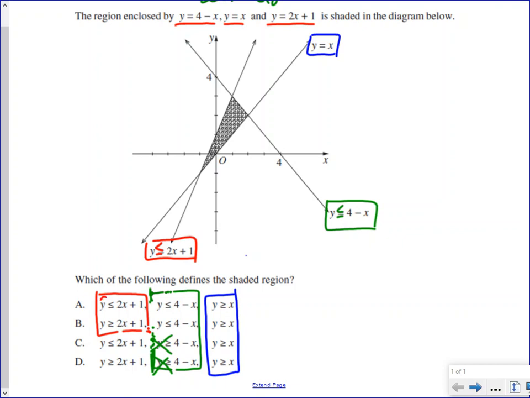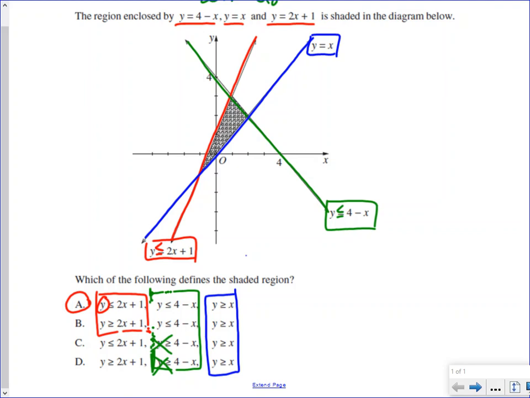So it's that one. So that means your correct answer is A. It is a combination of this inequality, this inequality, and this inequality, all joining up to make that shaded region in the middle.